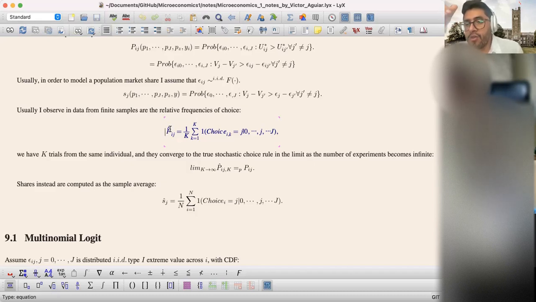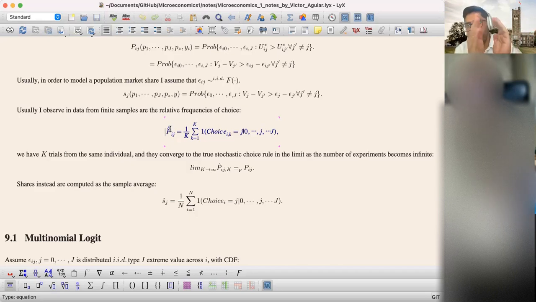Right now, the only thing we're going to study is what happens if I have access to the true share or the true probability. How can I recover information about preferences? As you can see, this is the same question as revealed preference, but now from a more modern perspective. From this population of people, a share of choices, how can I recover something about the distribution of preference?